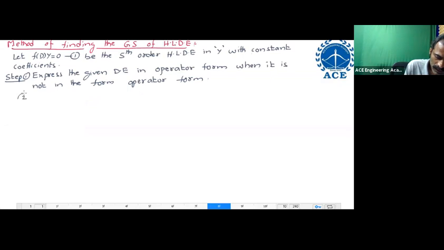Next, step number 2. Write the auxiliary equation.